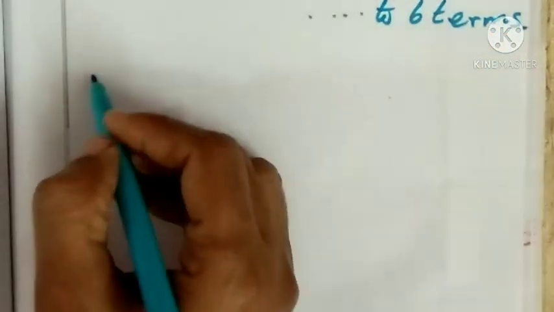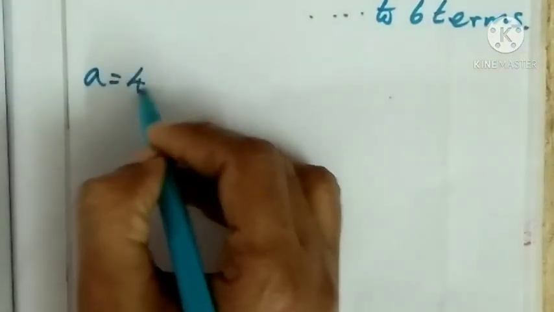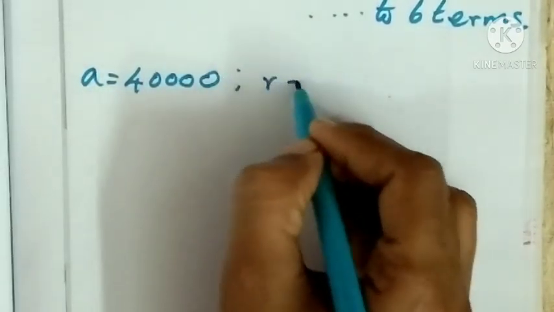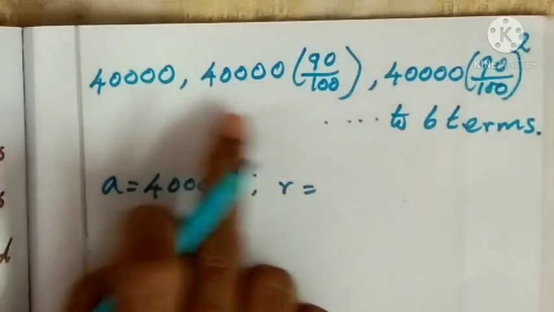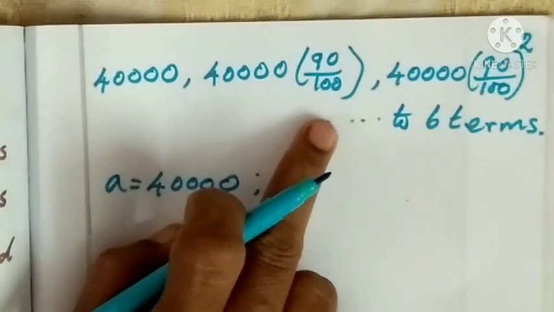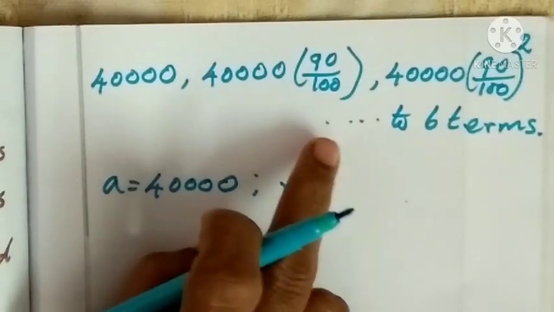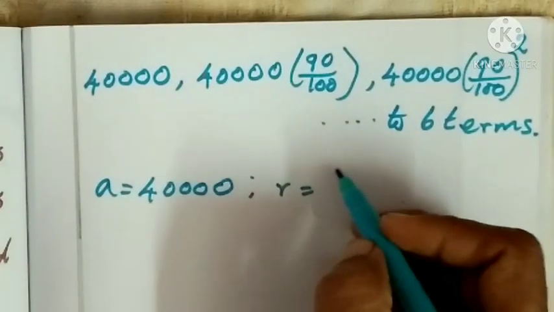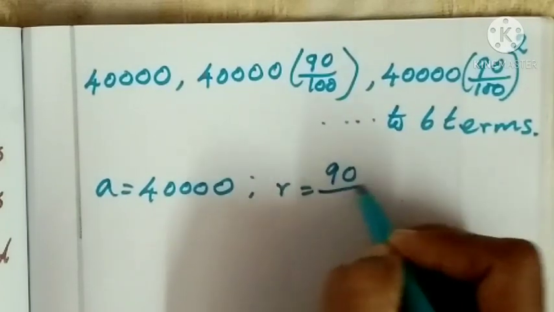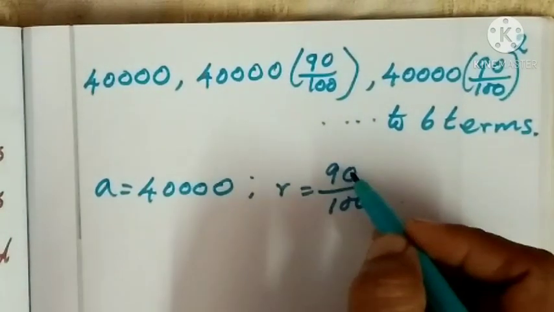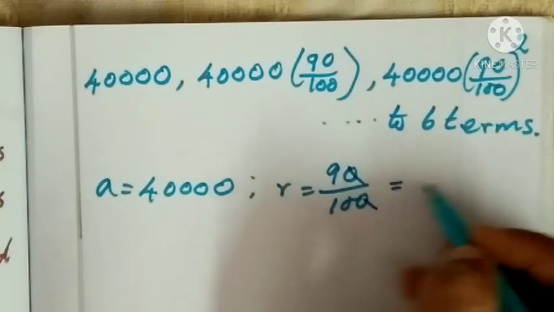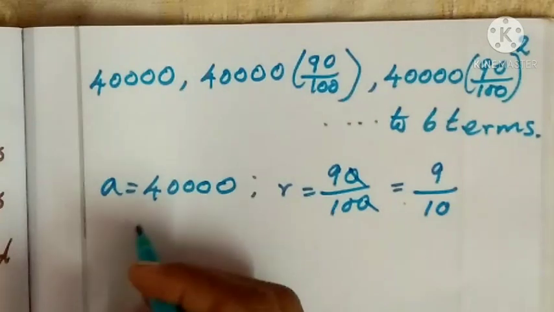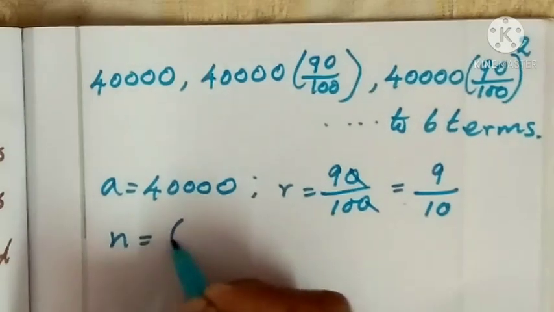Here A is equal to 40,000 and R is equal to 90 by 100, because 90 by 100 is multiplied every year. Therefore 90 by 100 is a constant number, that is common ratio R is equal to 90 by 100. Cancelling, we get R is 9 by 10. Then here N is equal to 6.